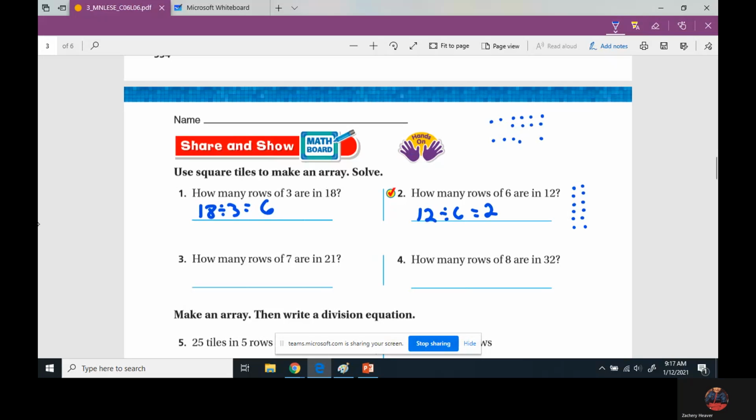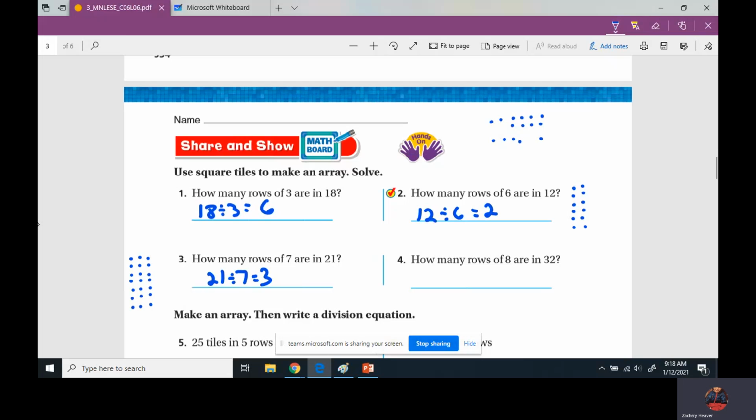How many rows of 7 are in 21? Counting up to 21, we get 3. So it's 21 divided by 7 equals 3.